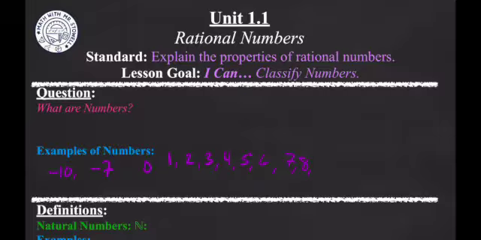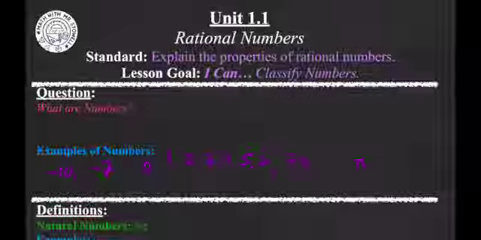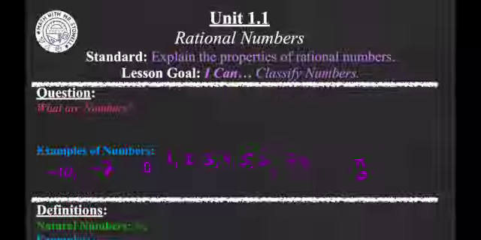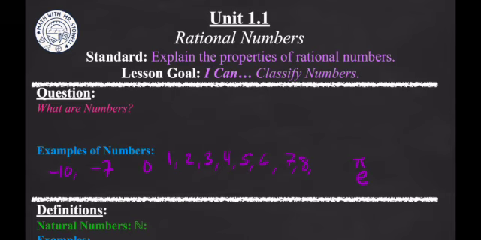Some of you guys may have seen this type of number. We could have pi. Pi is technically a number. Yeah, I know that pi you might be thinking of the food pie, but that is actually a number, about 3.14, and so on. You also have another number, which is Euler's number, which is called E. And that is also a number, not a letter.